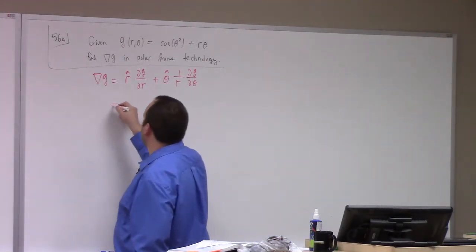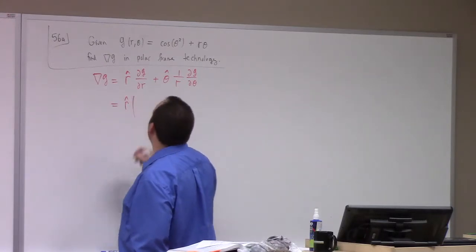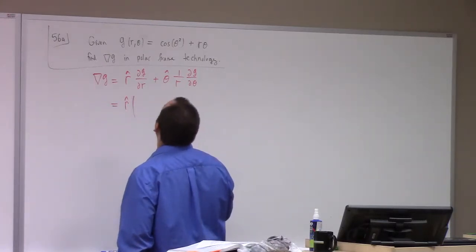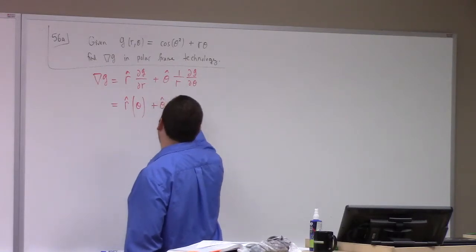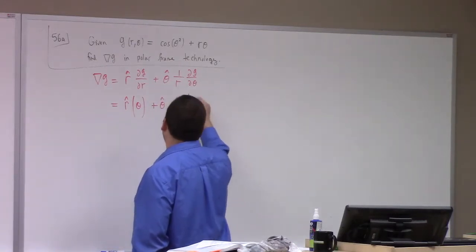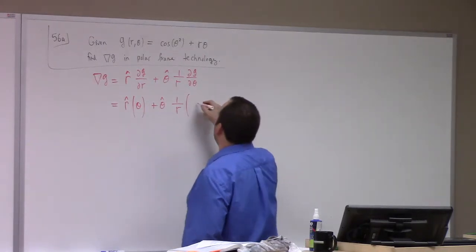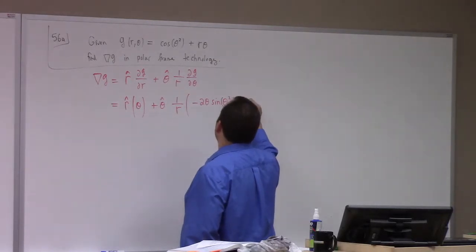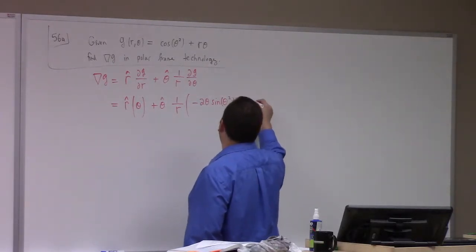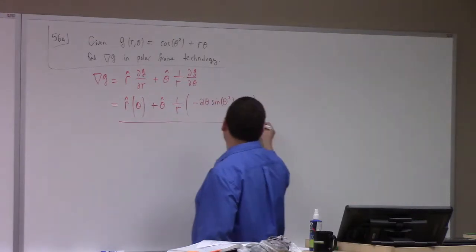What's partial g partial r? Theta, yeah. And what's partial g partial theta? Well, looks like minus 2 theta sine theta squared plus r. And there you'd have it.